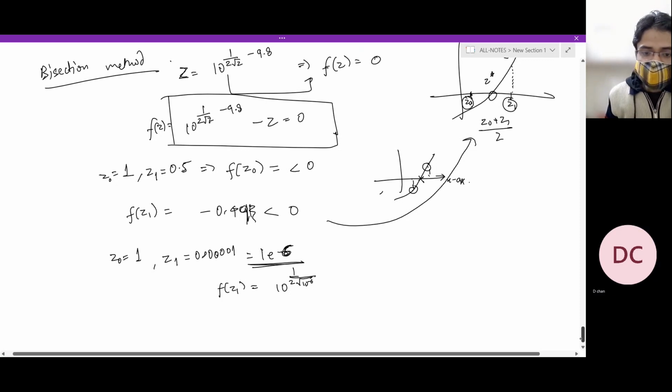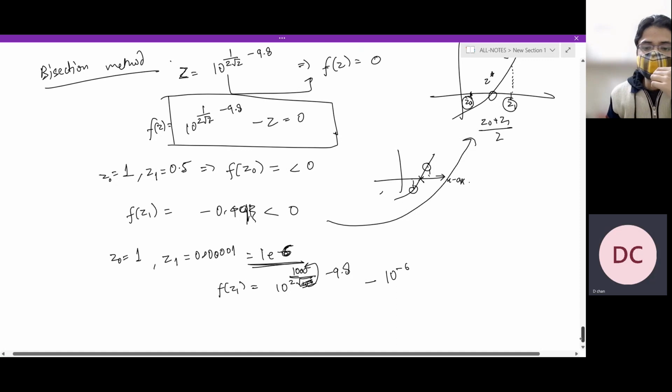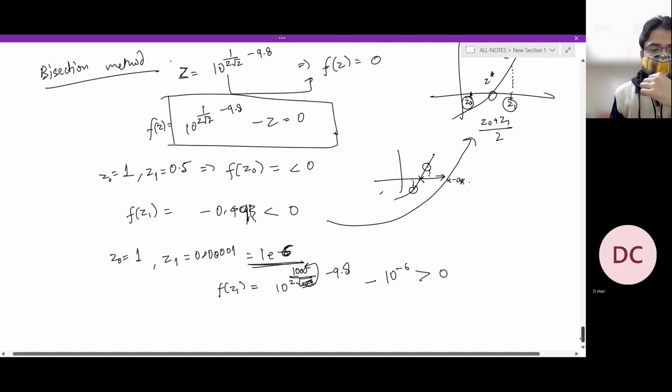Since it is in the denominator, it will just move up here. So this becomes 1000, and minus 9.8 and minus 10 to the power minus 6. So this is, of course, greater than 0, right? Yes. So now we can say that our root is lying between something like 1e minus 6 and 1.